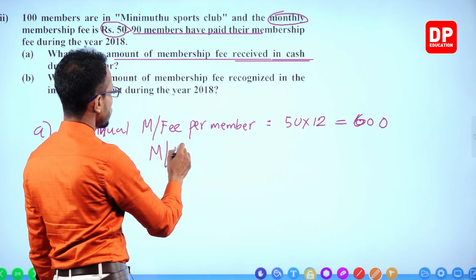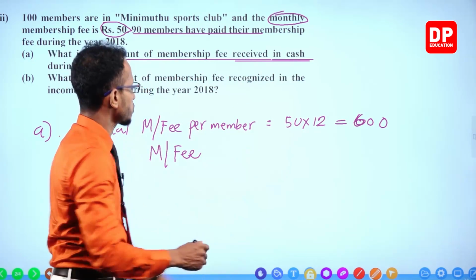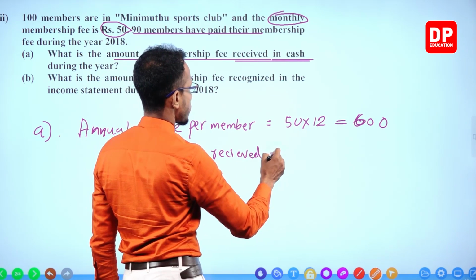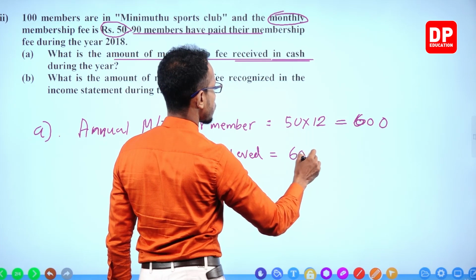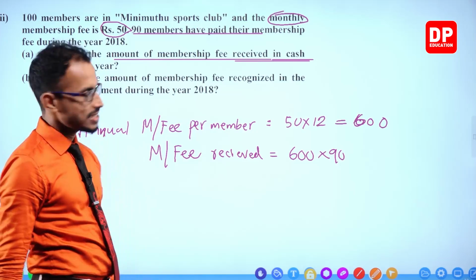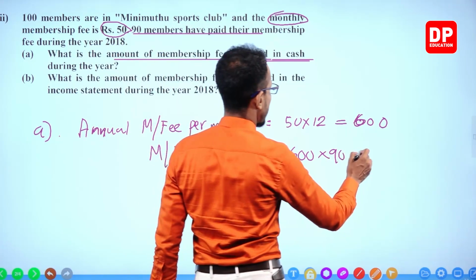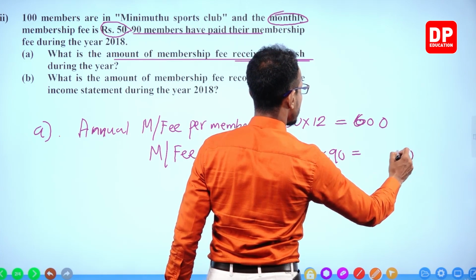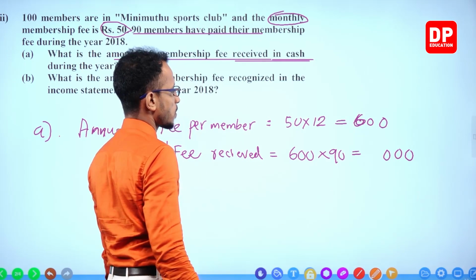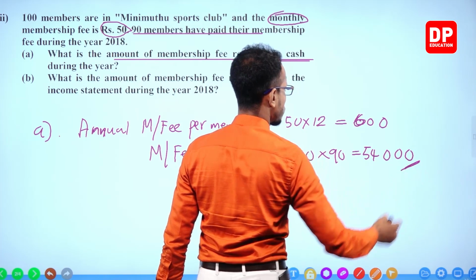Now amount of membership fee received in cash: 600 multiplied by 90, because 90 members have paid, and you get 0, 0, 0, 54,000. Correct or not?